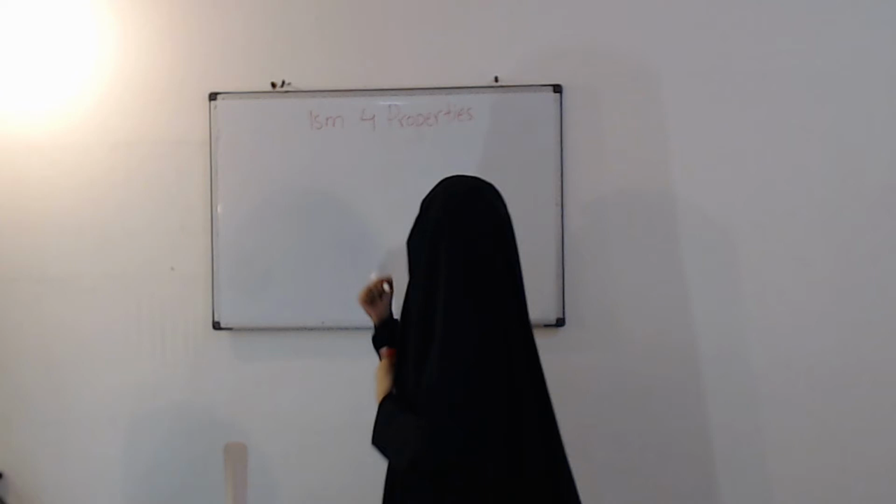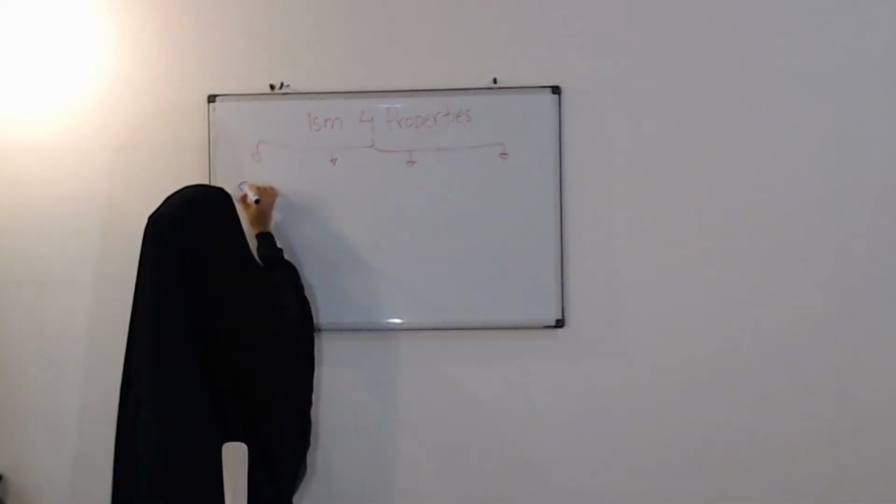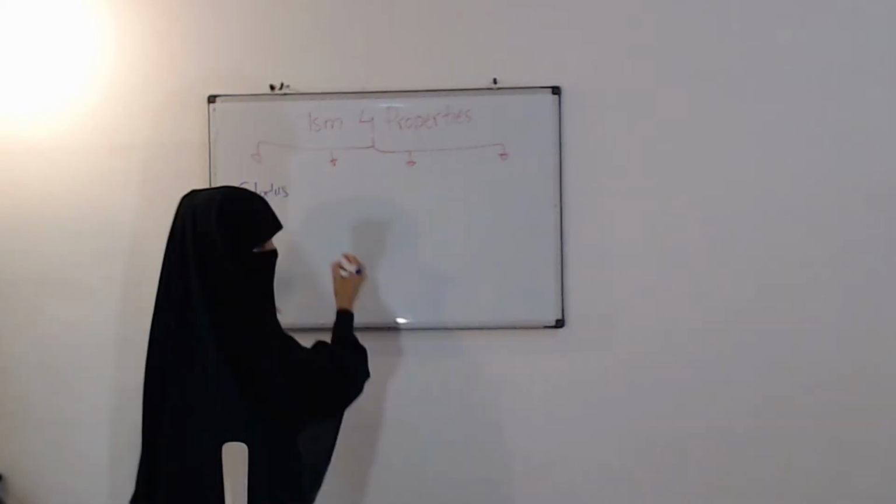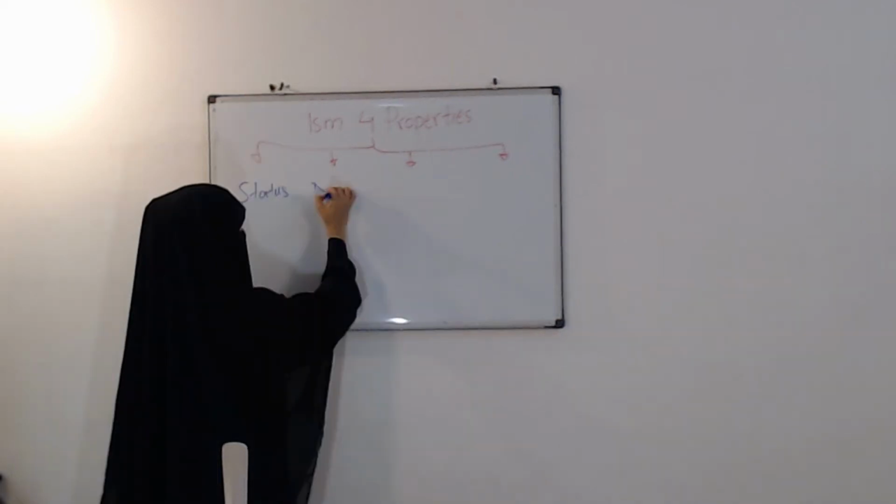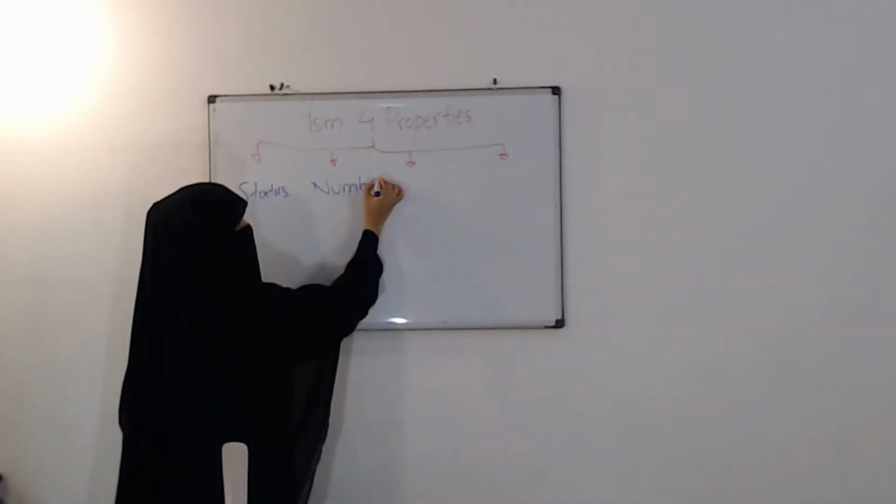One, two, three, four. Now, four properties. Our first one, you have to learn as I'm writing: status. Second one, number. Do write the notes. Gender.